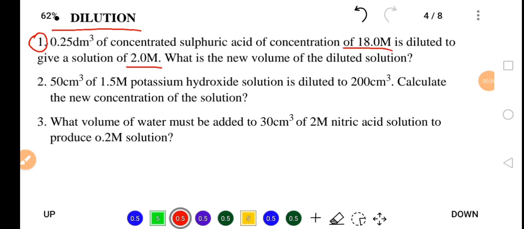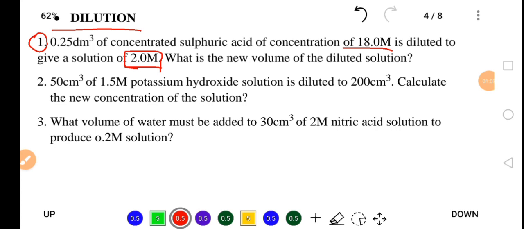Meaning the initial concentration is 18. Now, when we dilute, the solution is being diluted to 2 molar. What is the new volume of the diluted solution?